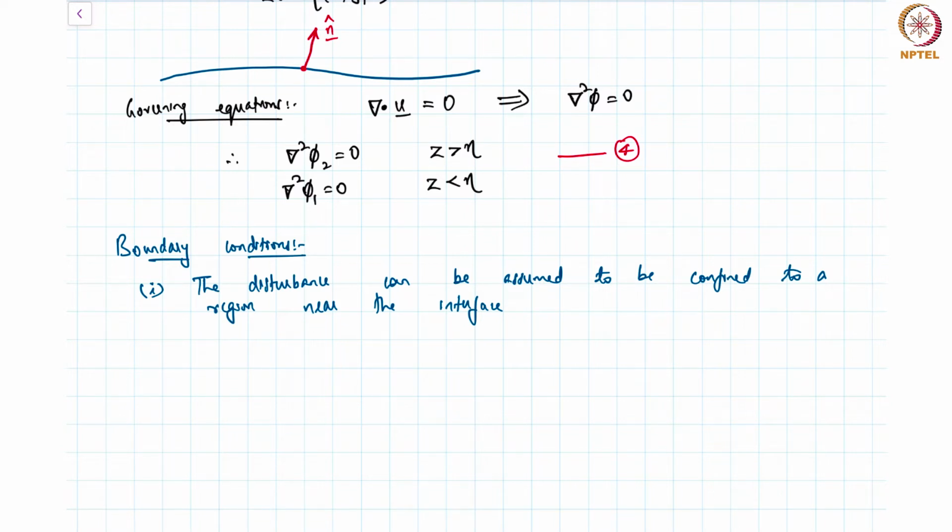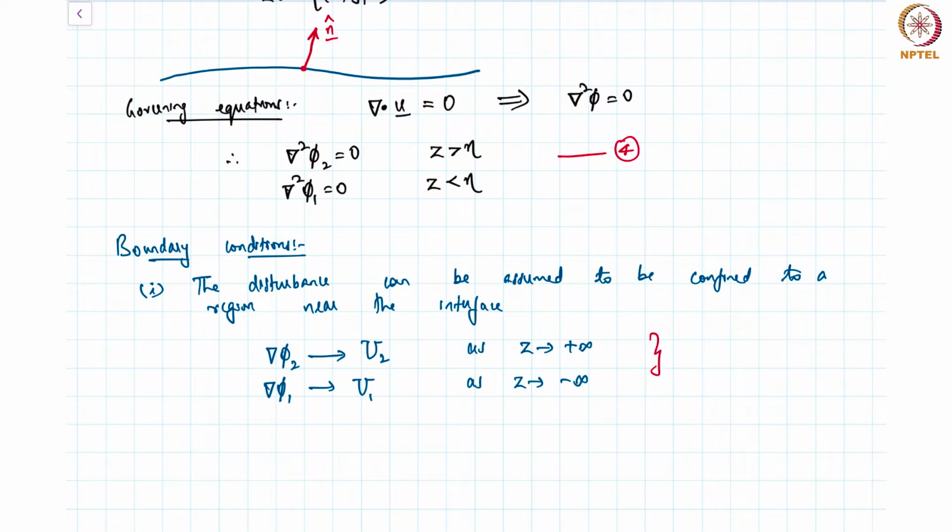Therefore the boundary condition would simply be that the gradient of phi2, the velocity in the upper fluid, approaches u2 as z goes to plus infinity, and the gradient of phi1 approaches the lower velocity u1 as z goes to minus infinity.